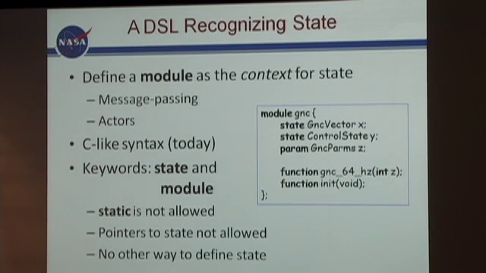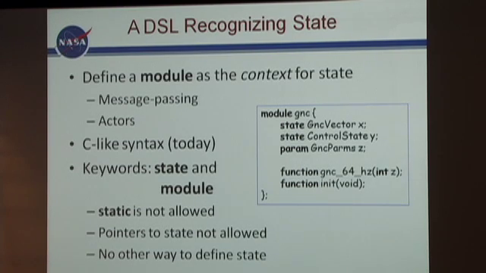So as a first guess as to what this functional language would look like, we really want to specify exactly what the state is in the system, because it's hard when you look at an arbitrary C program.